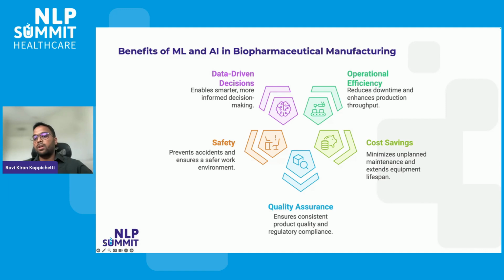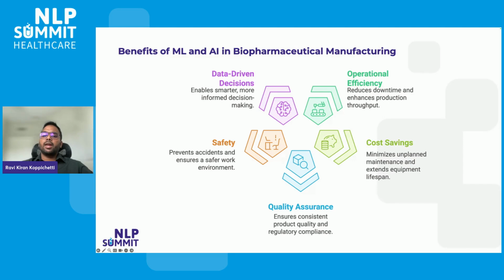And lastly, I would say the ML and AI empower the manufacturers to make smarter and data driven decisions. The vast amount of data generated during the manufacturing processes can be overwhelming, but the ML and the AI tools can analyze this data to uncover the insights that may otherwise remain hidden. For example, AI models can detect the patterns in production data that signal the opportunities for process optimization.